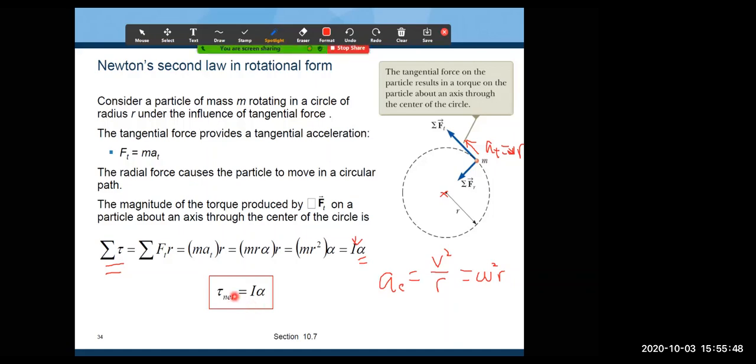You could find once again the similarity between linear motion and rotational motion. In the case of linear motion, the equation is F equals ma. Torque equals I alpha. Of course, here the torque is the net torque.